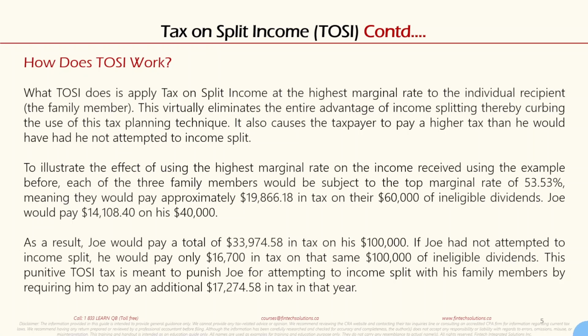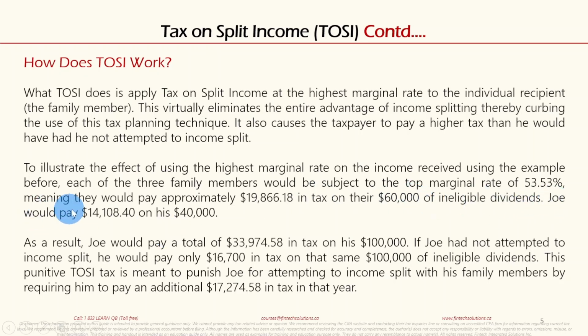So we saw in this example that Joe distributed $20,000 to his son, to his daughter, and spouse. Each of them will be taxed at the highest rate now if they do that with TOSI, and their combined tax, which was previously only like $540, will jump to $19,866 and approximately 18 cents for that $60,000 which they received.